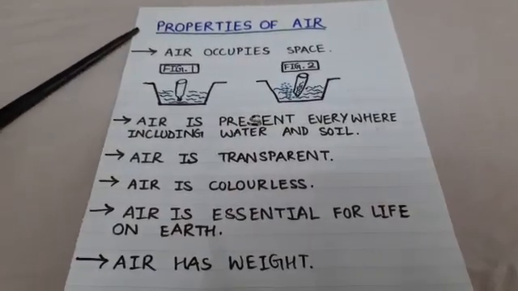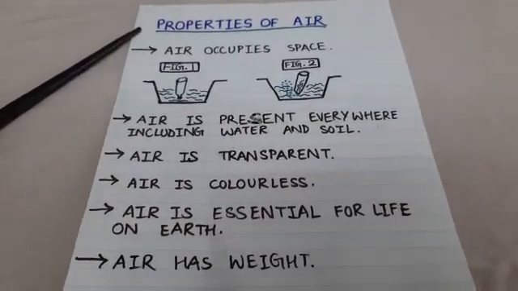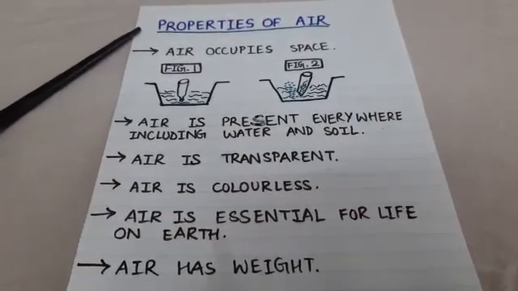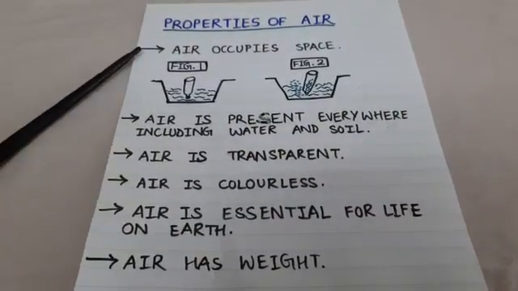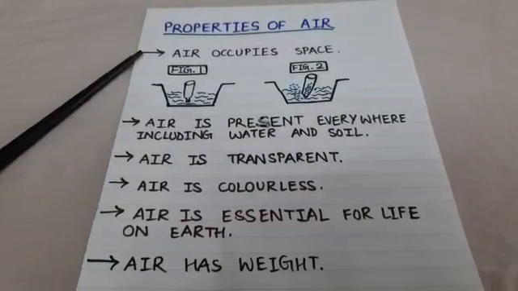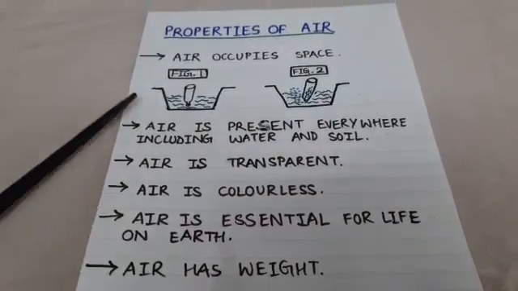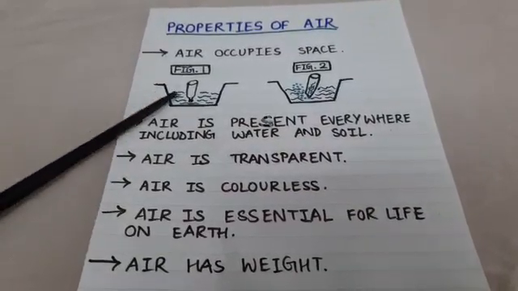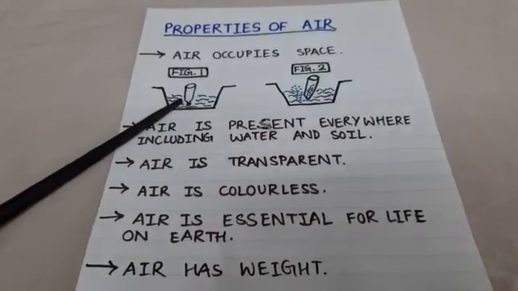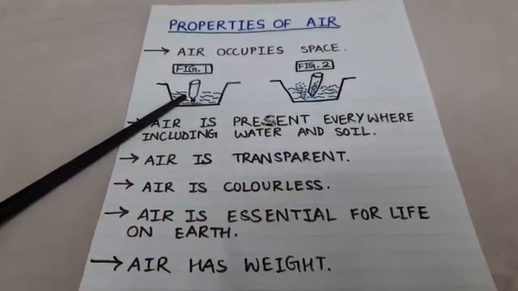Second topic, properties of air. Let's understand all properties one by one. The first property of air is that air occupies space. Let's understand with a very small activity. Take an empty open bottle.